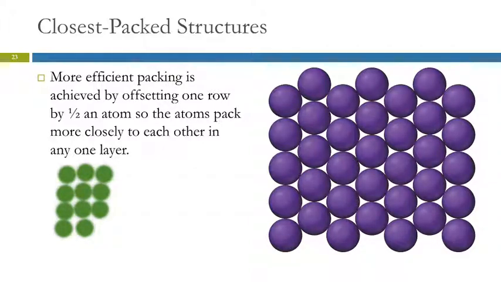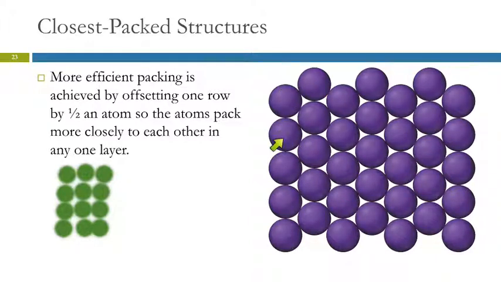See how they're lining up in a grid? They're making rows this way and this way. This is more efficient because now we've taken this row and scooched it down or up a little bit, and so they can nestle closer together. You see that? So this is going to be more efficient.